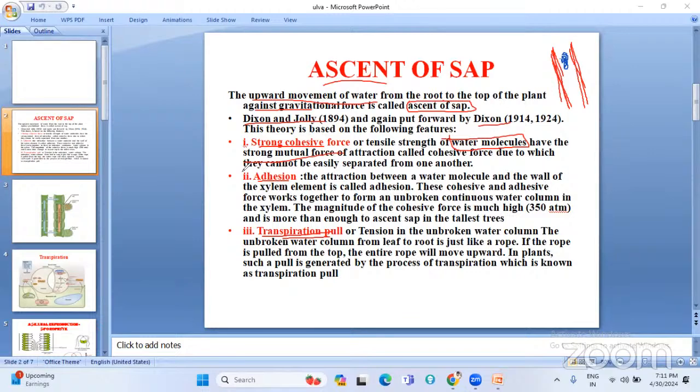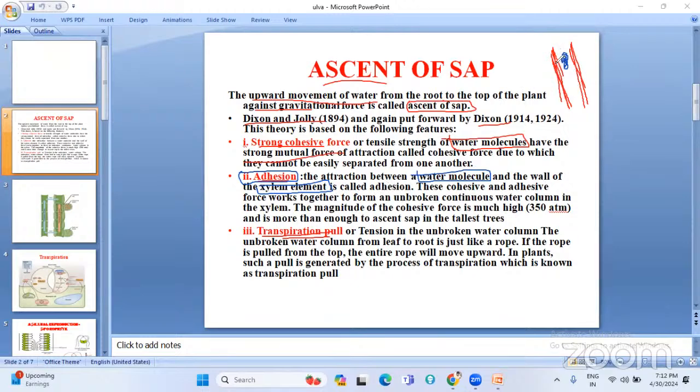The second force is adhesion force. The adhesion force is the attraction between the water molecules and the wall of the xylem vessels or xylem elements. Xylem elements are tracheids and vessels, but mostly water conduction happens with the help of vessels.